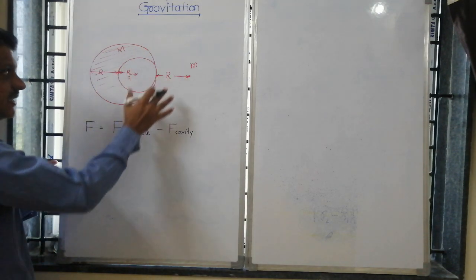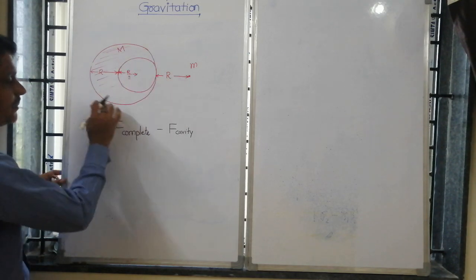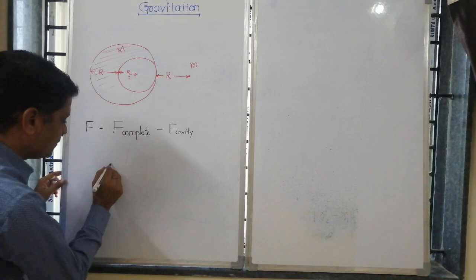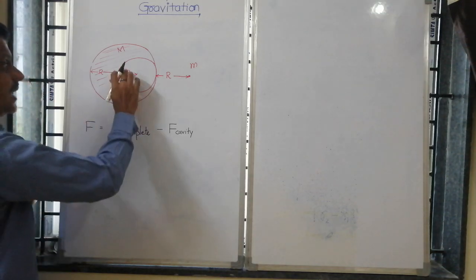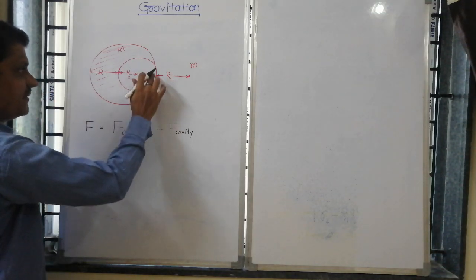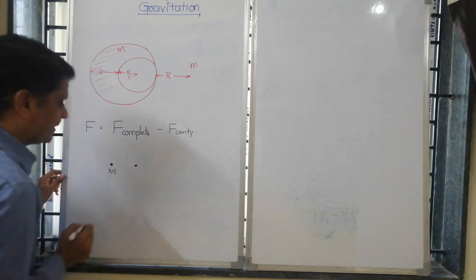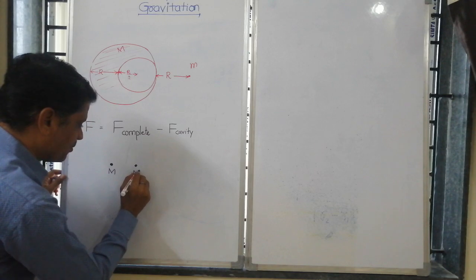If I analyze this sphere, the complete mass of this sphere is assumed to be concentrated here, which I'll call capital M. And the mass of this cavity is assumed to be concentrated here. This I'll call m dash.